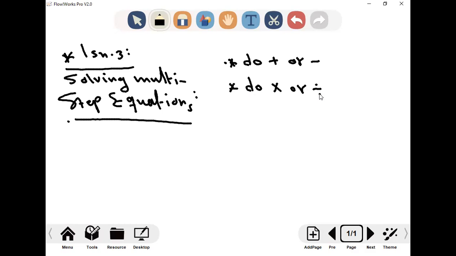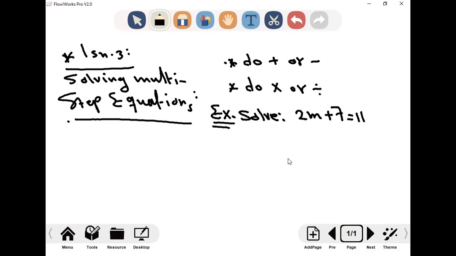For example, if I want to solve this equation, 2n plus 7 equals 11. We call it a 2-step equation. Here we have multiply, and here we have add. When I say solve, it means at the end I want the value of the variable.